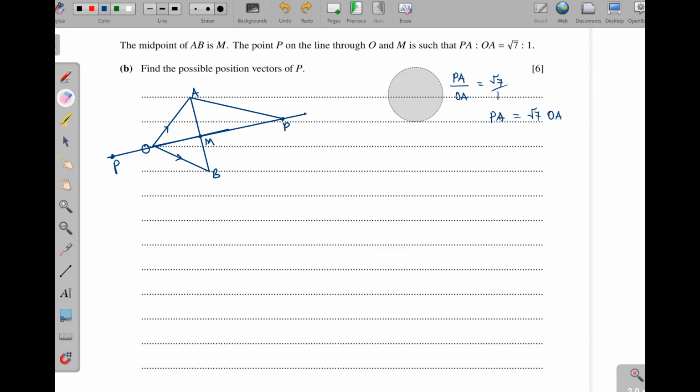Now, what do we have to find here? What we are going to do is to find the equation of the line through O and M. But we need to know this M here, which is a half of this. OM can be OA then plus AM.